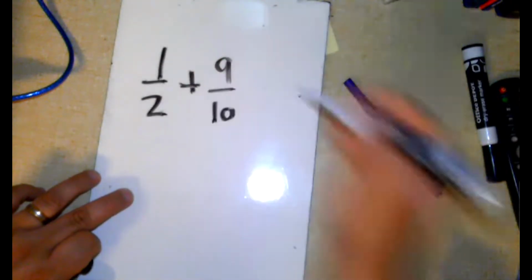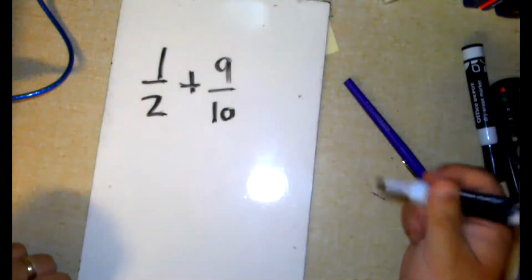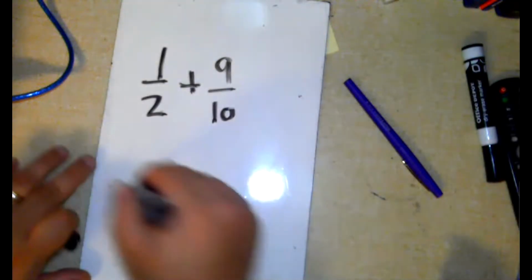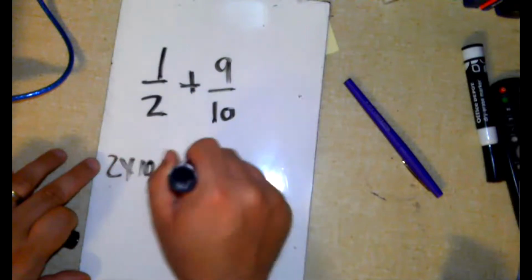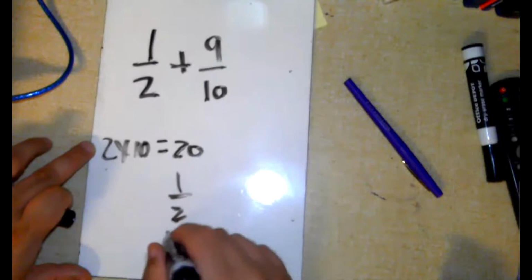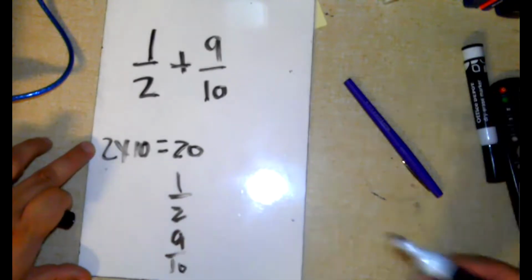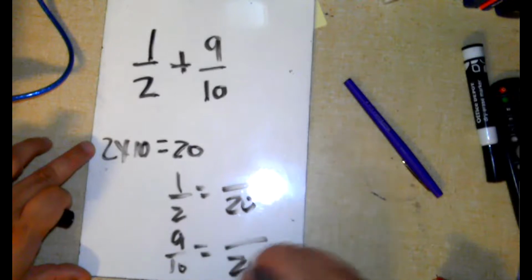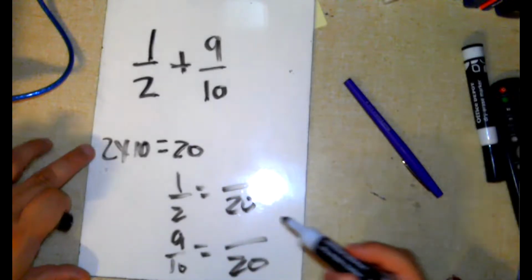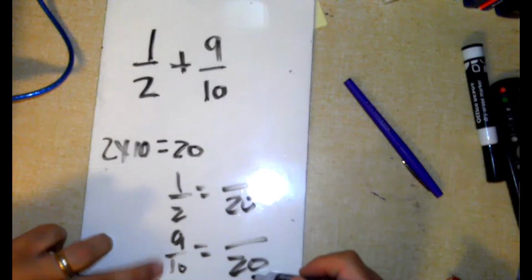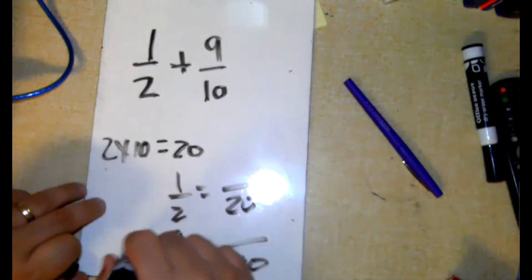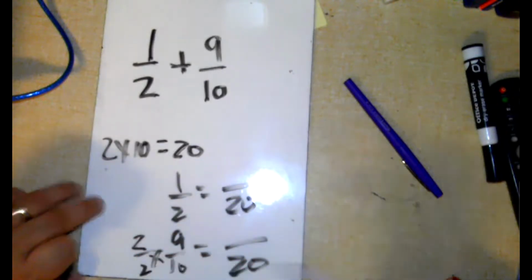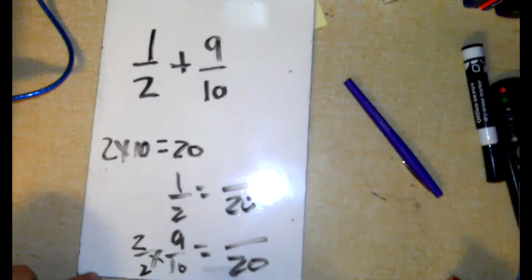Okay. So you've got to find a common denominator. So you can go 2 times 10 equals 20. Okay, that works. 2 times what equals 20? 10. So I'm going to multiply 2 times 10 equals 20. Then I'm going to do the same to the top numerator.